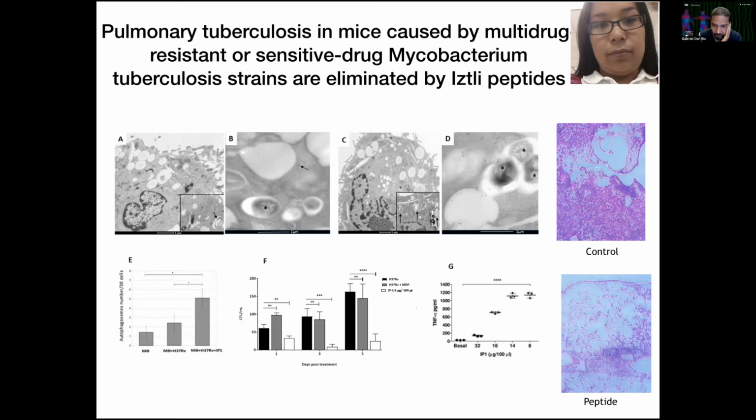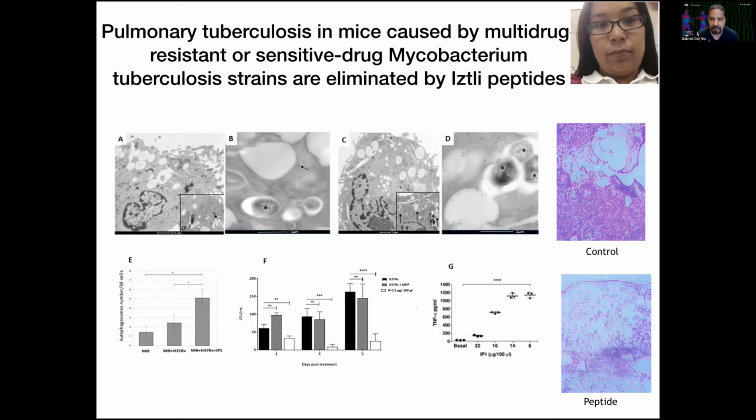And what you see on the right side panel, which is perhaps the most interesting result that Jacqueline obtained in the group of Rogelio Hernández Pando at the Instituto Nacional de la Nutrición here in Mexico City, is that we were also able to show that the peptide can alleviate the symptoms associated with tuberculosis in mice infected with both strains, the drug-sensitive and the multi-drug resistant.